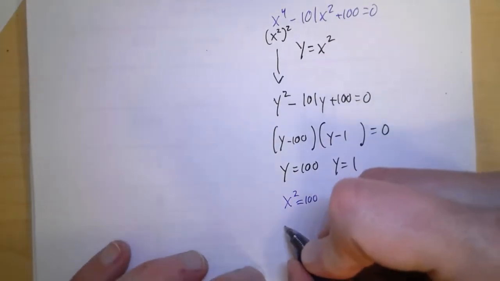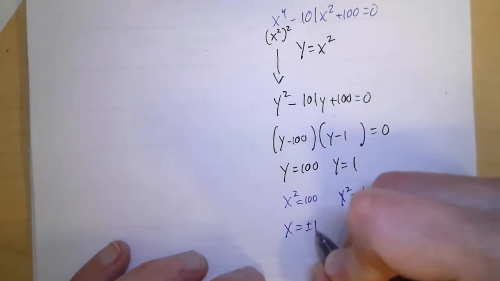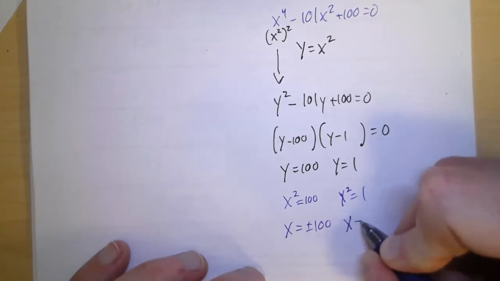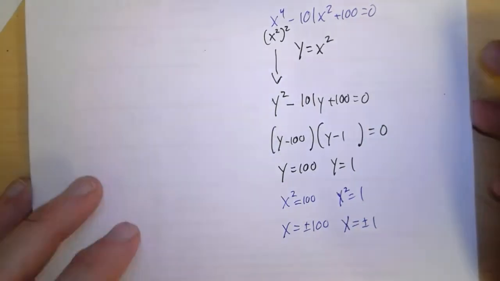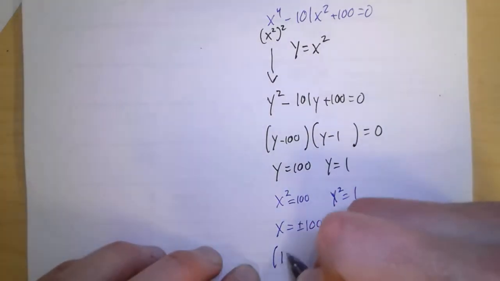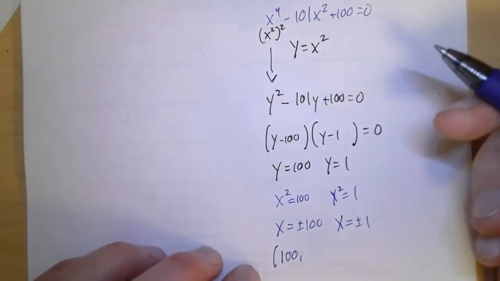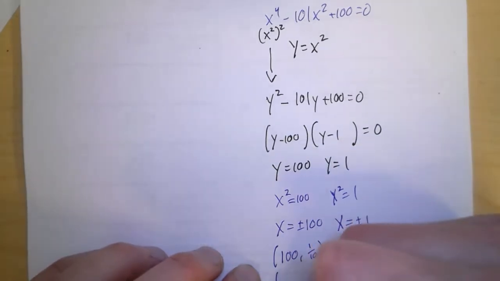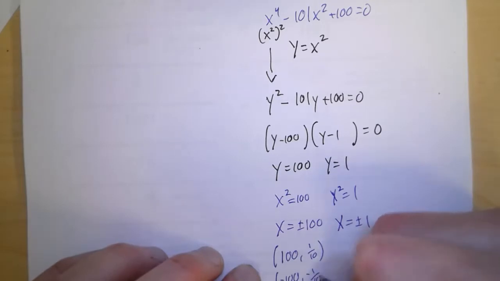So that means x is going to be either positive or negative 10, and x could be positive or negative 1. So if x is 10, then y is 1. And if x is negative 10, then y is negative 1.